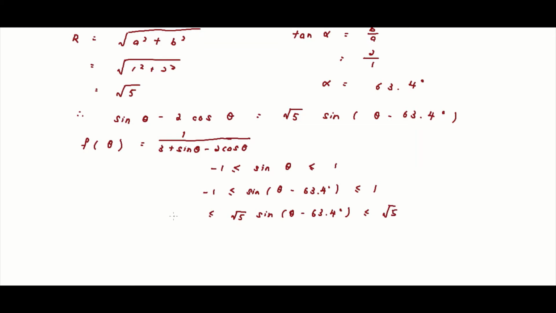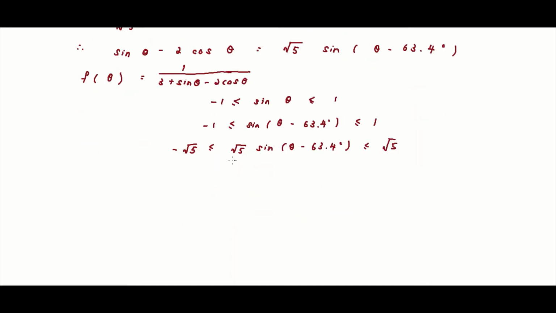If you are very familiar with this already, you can skip these two steps and go straight to this, because you can take all the thought process in your mind. What happened here is this represents this, so you can change it: sine theta minus 2 cos theta will be between square root 5 and negative square root 5.